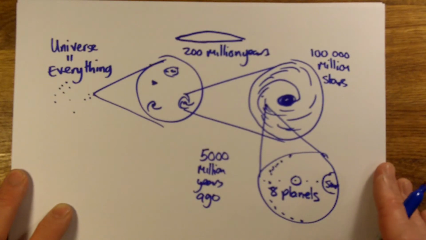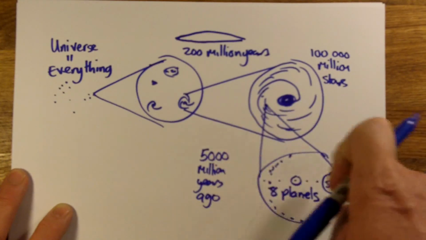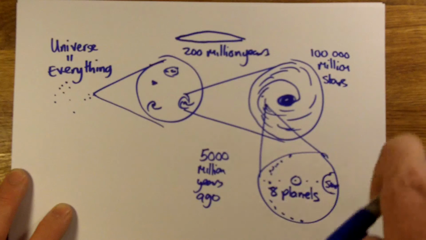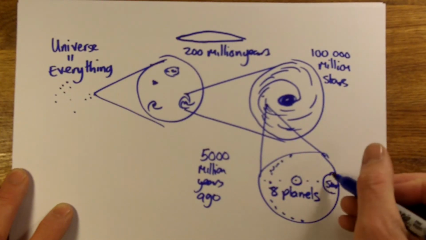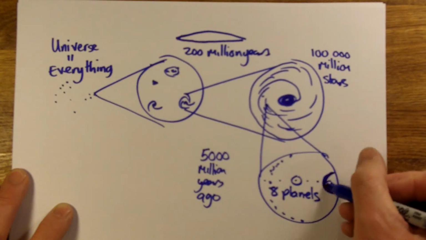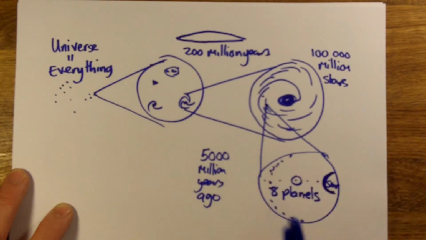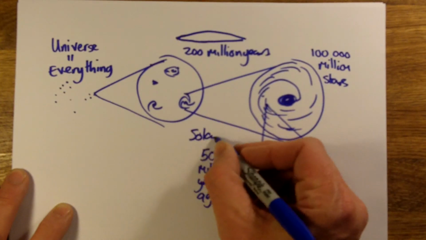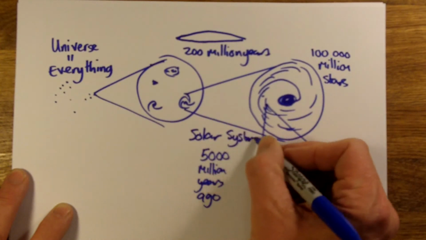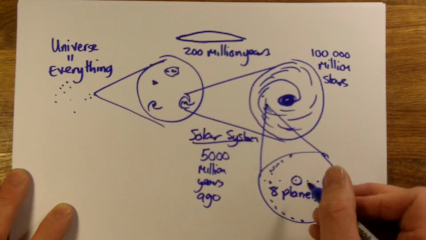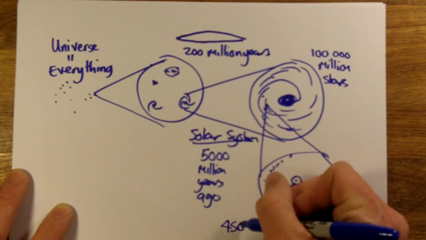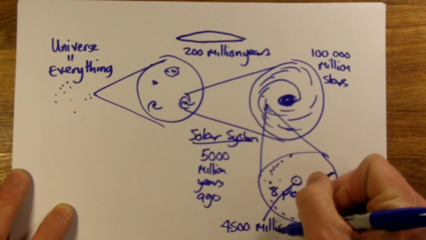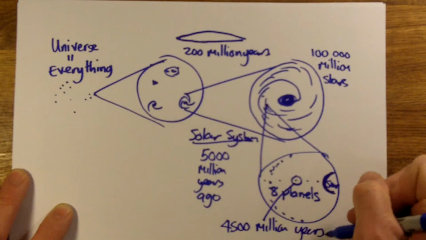And gravity brings that together into a swirling circle, into a disk, and then the gas that moves very centrally to the middle eventually becomes a star. We'll look at how that happens. And then the bits of mass that get left behind eventually form the planets. So our solar system is about 5,000 million years old. The Earth formed a bit later, so the Earth is around 4,500 million years old.